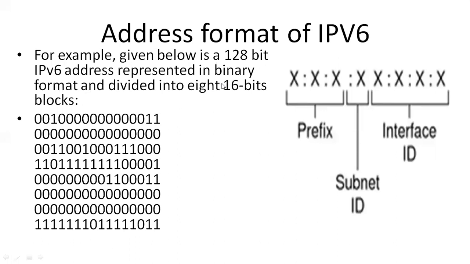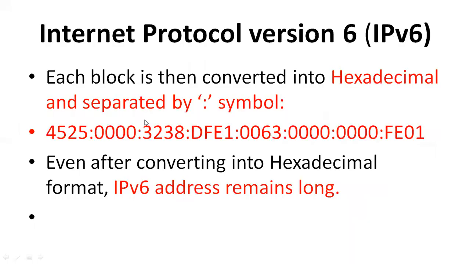Each and every group is represented as a 16-bit block, and then each block is converted into a hexadecimal number separated by a colon. For example, 4525 is one group, 0000 one group, 3238 one group. Like that, you are representing the IP version 6 number like this.